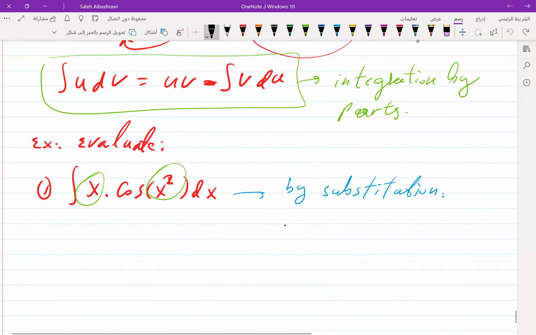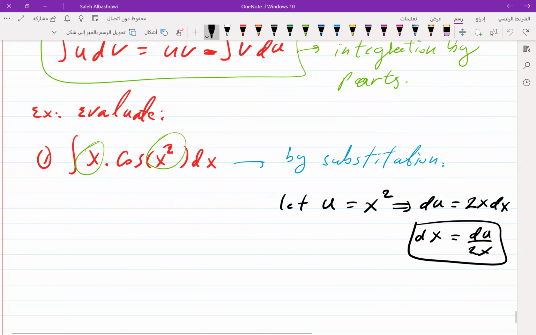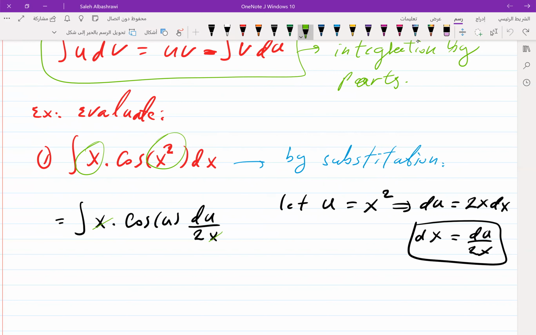For substitution, let u equal to the angle, which is x squared. This will give me du equal to 2x dx, or dx is equal to du divided by 2x. So the integration will be now x multiplied by cosine of u, with dx being du over 2x. By simplifying, I cancel x with x.